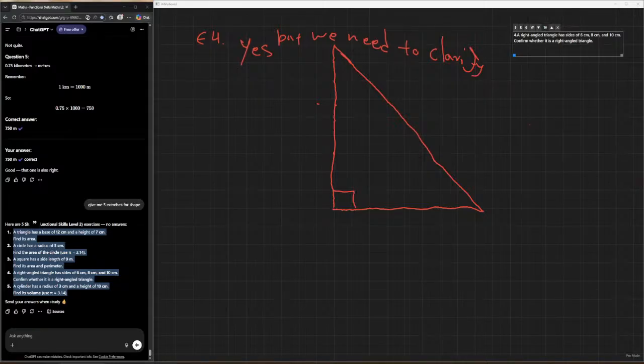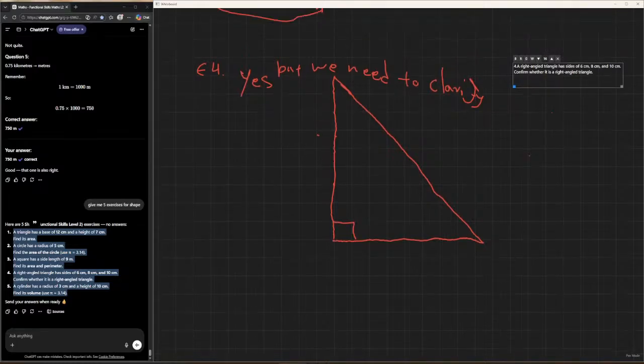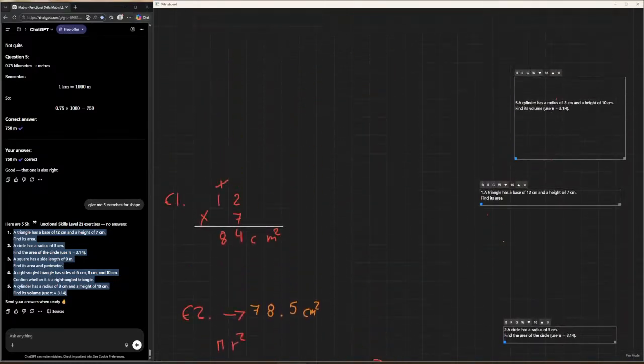Okay, now we go to question 5. And then we ask for clarification, regardless of whether we are correct, and how do we know it is?